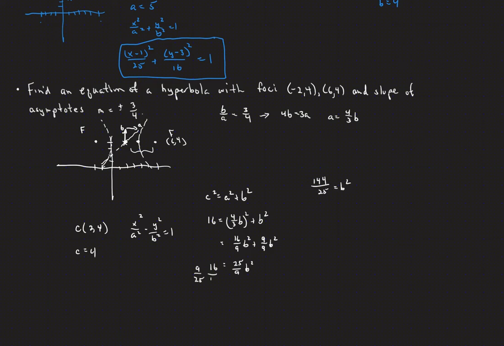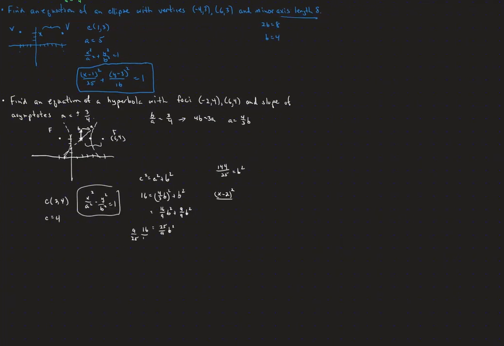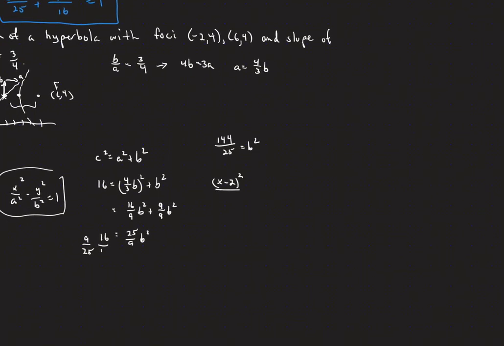I don't think I need b, I just need b squared. So our equation is going to look like x minus the x coordinate of the center squared over the a squared. I got to find the a squared. So if b squared is, whoops, I don't know what I did there. See if I can bring it back to size.